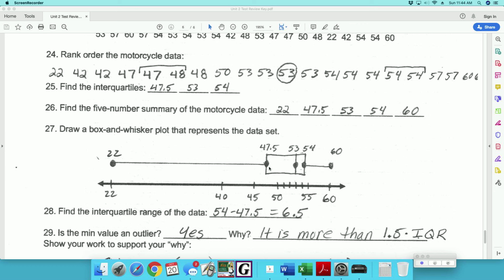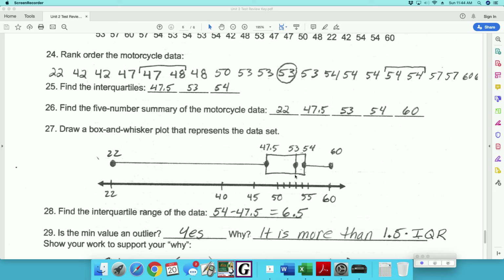Then from quartile 1, I drew a whisker all the way down to the min, and from quartile 3, I drew a whisker up to 60, the max. And that is our box and whisker plot. You don't have to put these numbers on top. I just did this so you could see what those dots were.